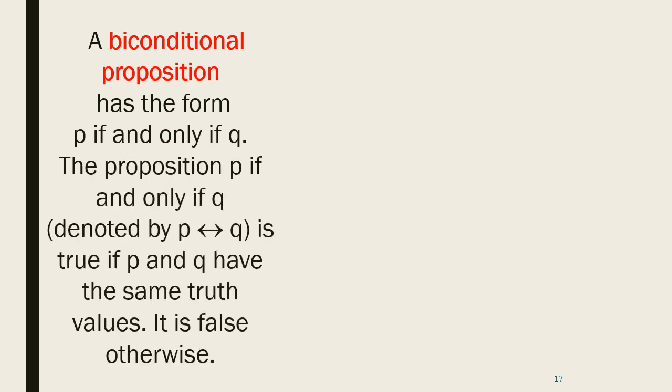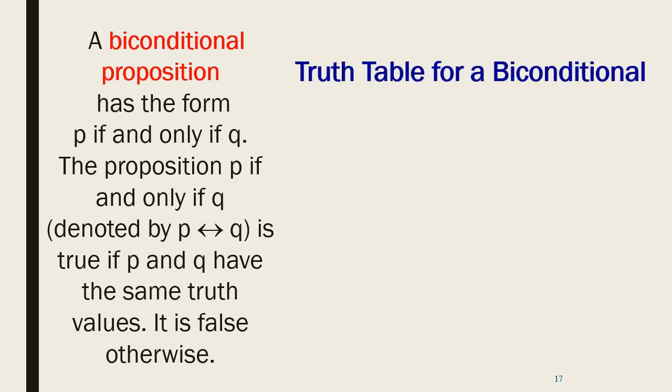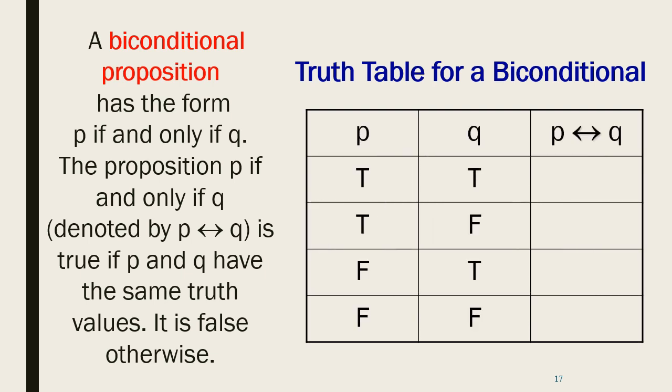A biconditional proposition has the form P if and only if Q. The proposition P if and only if Q is true if P and Q have the same truth values. It is false otherwise. Now, let's have a truth table for the biconditional.